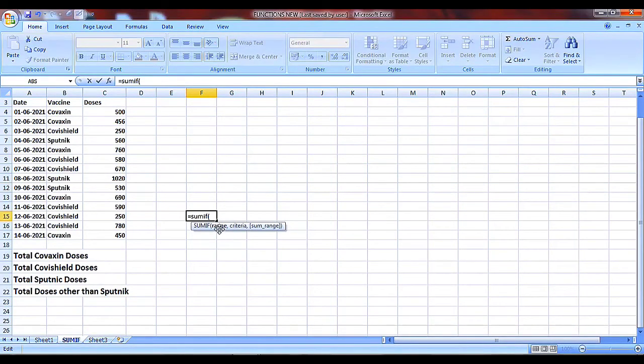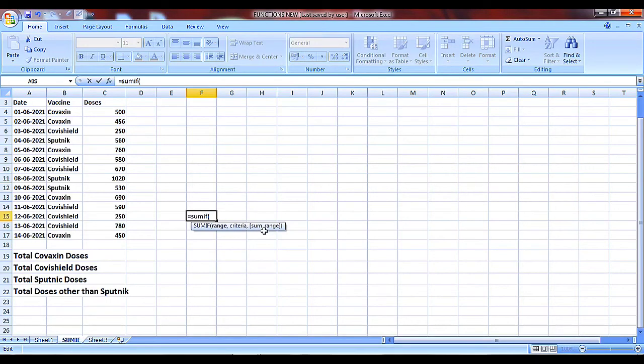Here range is the range of cells to be evaluated by criteria. Then the second argument, that is criteria, is the condition in the form of a number, expression or text that defines which cells will be added. The third argument is sum_range, it is optional.